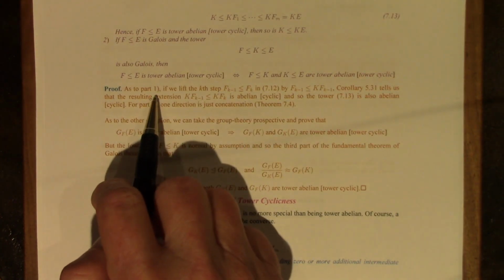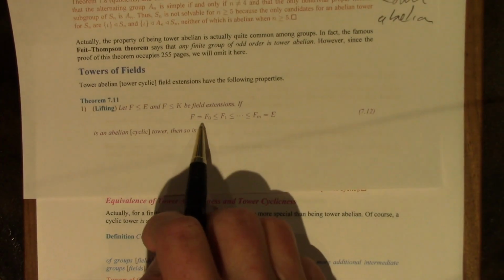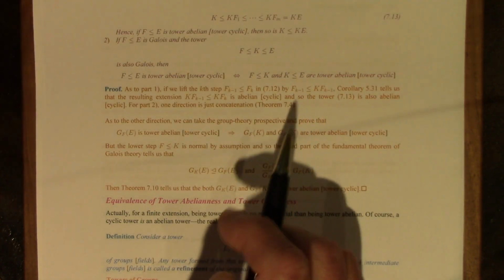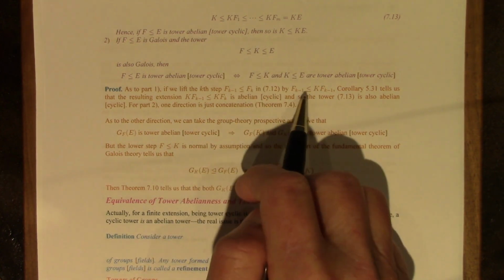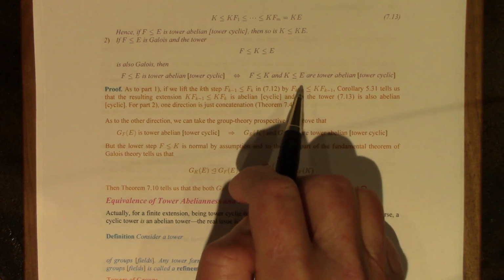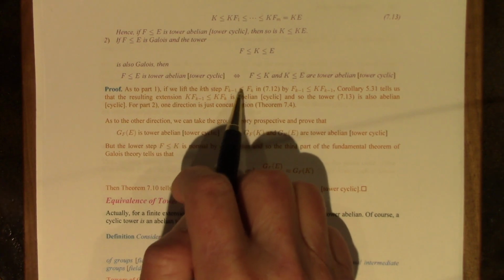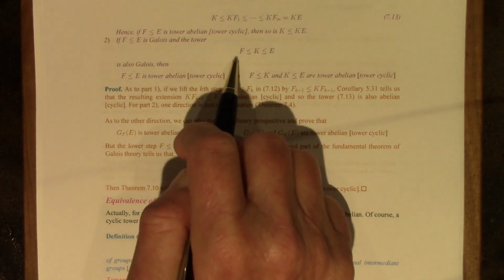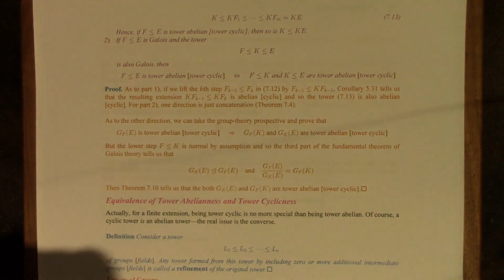As to the proof of part 1, this is something worth taking note of carefully. Let's look at this tower again of fields. We lift the kth step by this extension. It's not appropriate to lift the kth step, like you might think, with the extension Fk, because the way lifting is defined, the two base fields have to be the same.